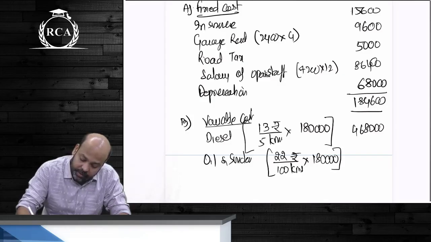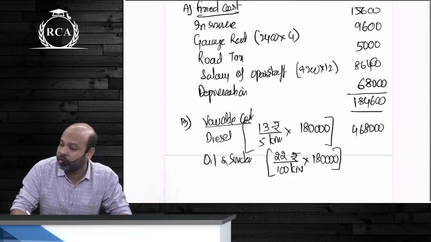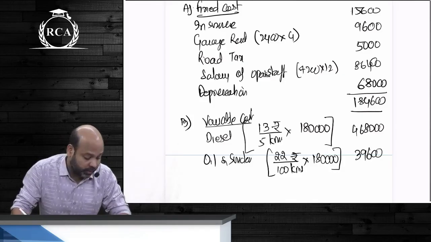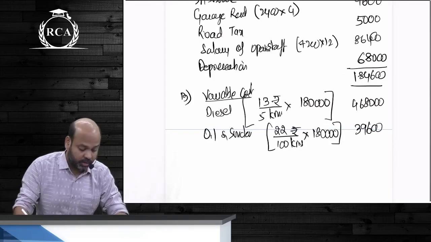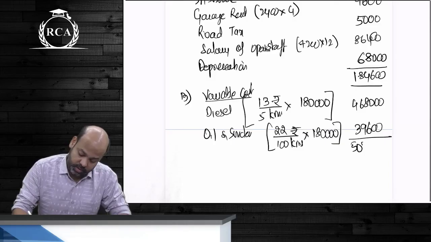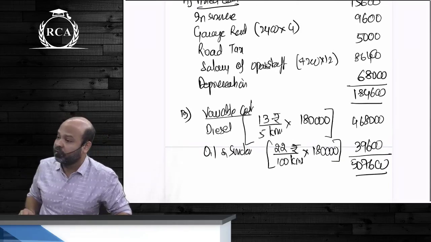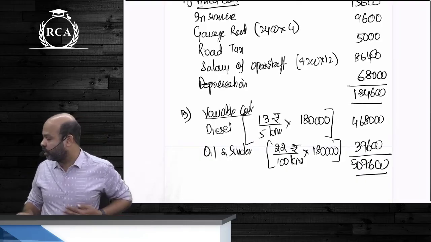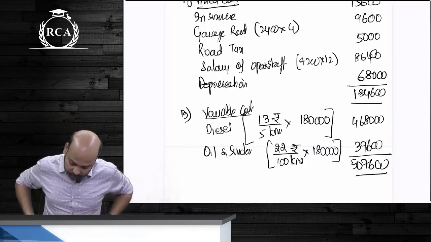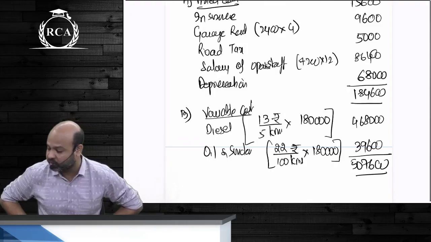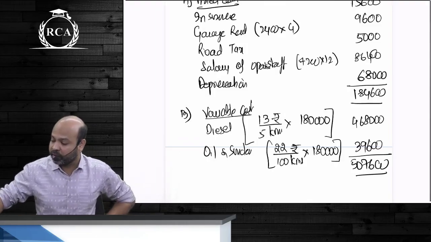How much will that be? 39,600. Total of both. Please check if you got a variable cost of 5,07,600. Total fixed cost is 1,84,600, and total variable cost is 5,07,600. Any doubt in that?